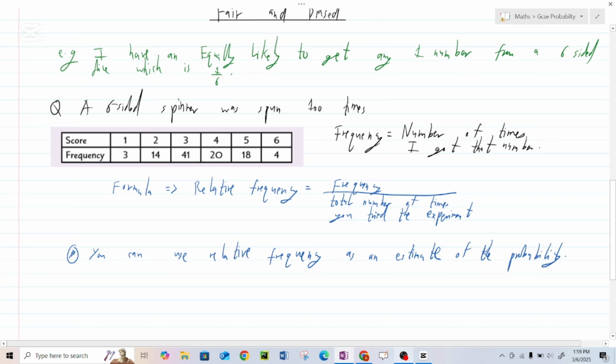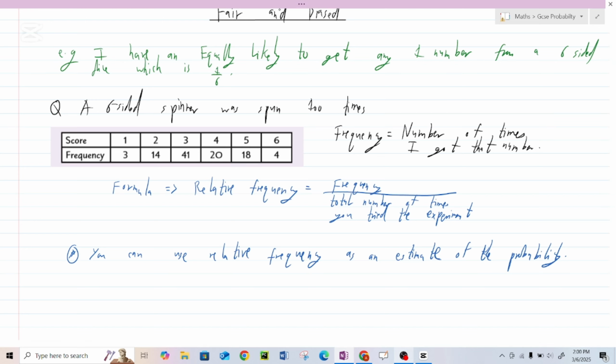Now, one thing to keep in mind here is that this will not give you the exact probability, but the more times you do the experiment, because this time you did it 100 times, the closer you get to the probability. It's not going to give you the exact probability. That's why we use the formula for relative frequency, because that gives us an estimate and we can use that as our probability.